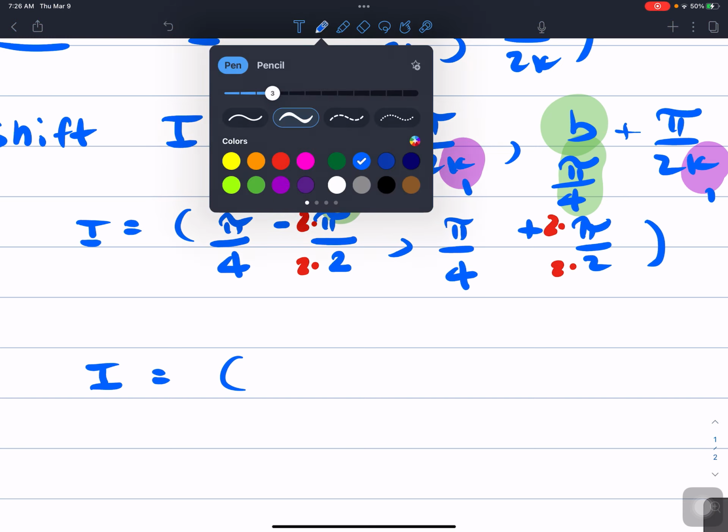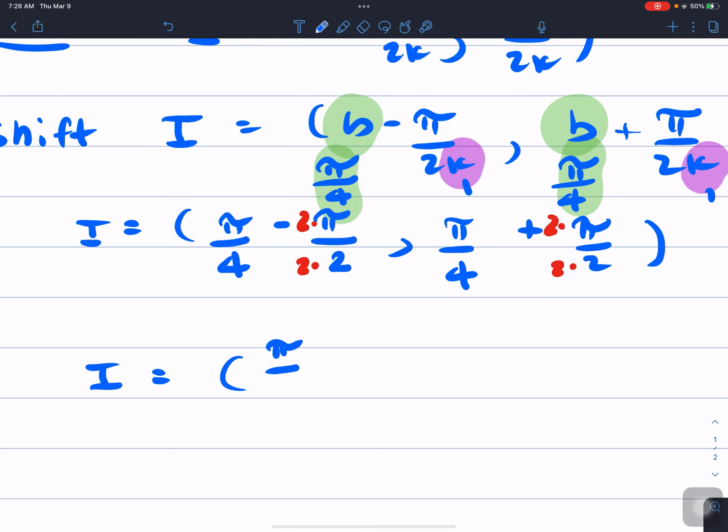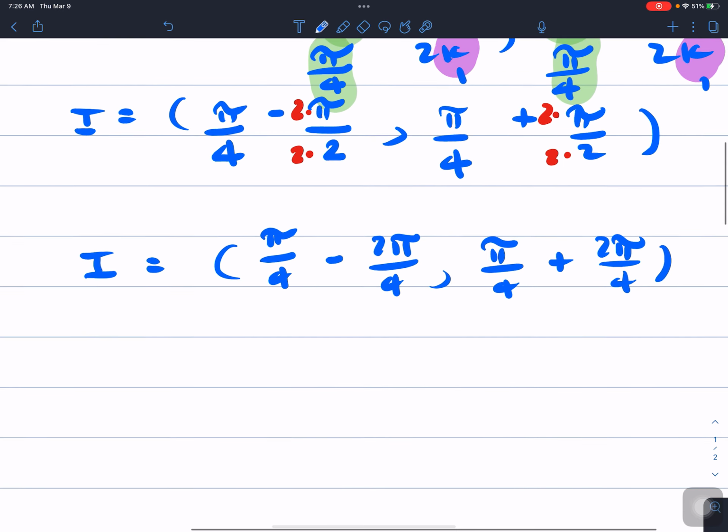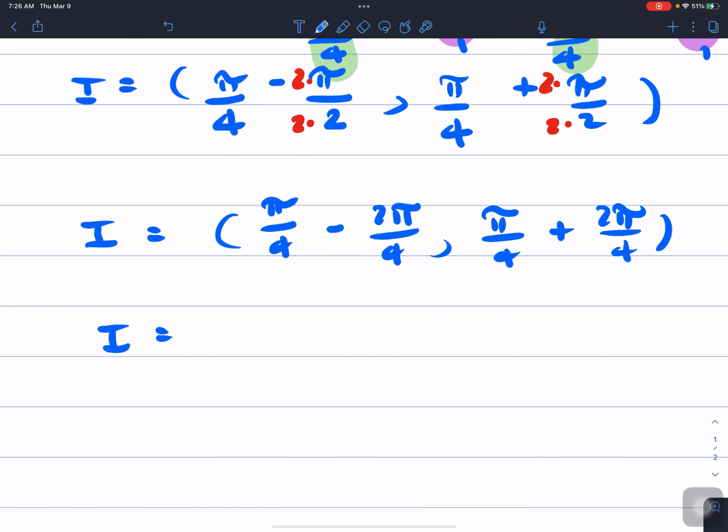So we get pi over 4 minus 2 pi over 4, and pi over 4 plus 2 pi over 4. What's pi over 4 minus 2 pi over 4? It's negative pi over 4. And pi over 4 plus 2 pi over 4 is 3 pi over 4. Okay, you guys okay with this?